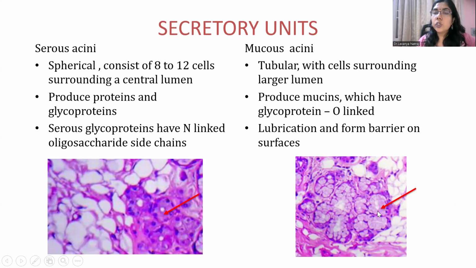As you can see in this picture, the arrow points to about 10 to 12 mucous cells, and they are seen around a larger lumen, and they are tubular in nature. They are not spherical like the serous cells. They have more tubular shape. They produce more of mucins, which are O-linked glycoproteins. The function is mainly lubrication, and they form a barrier on the surfaces.